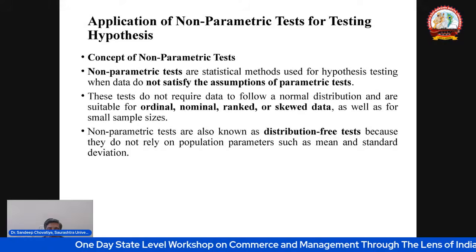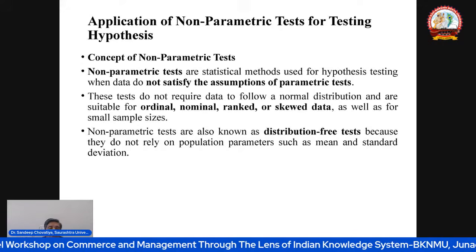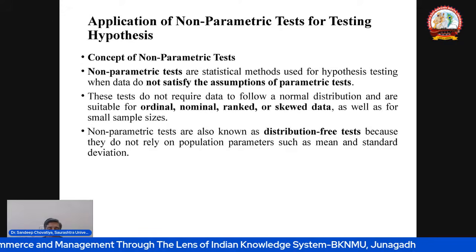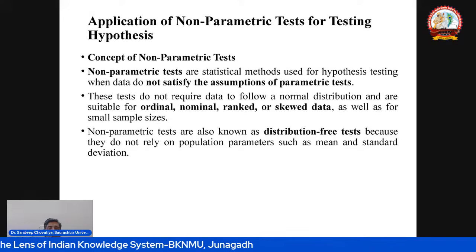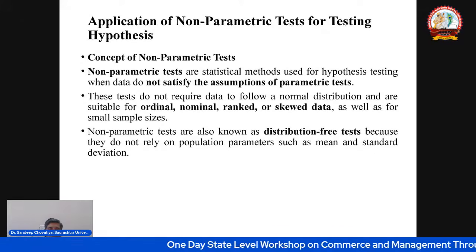Non-parametric tests are also known as distribution-free tests because they do not rely on population parameters such as the mean and standard deviation. So directly with the help of the data we have, we perform this test, known as a non-parametric test.